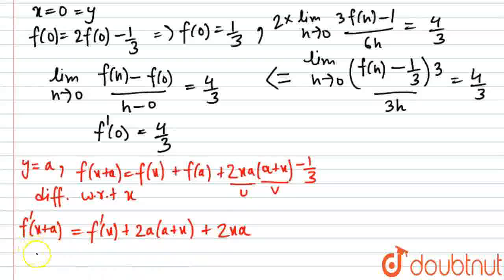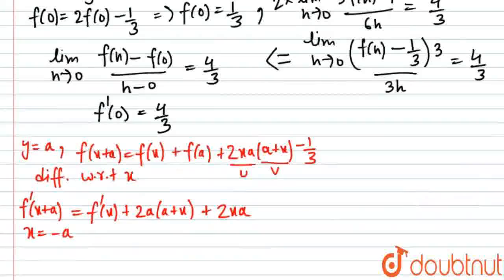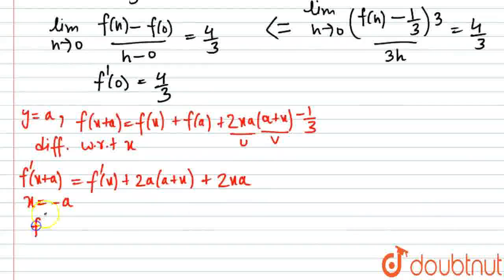Now, because here x is the variable and a is just an arbitrary constant, what we can do is put x to be minus a. Then if we do that, this equation becomes f dash 0 is equal to f dash of minus a.